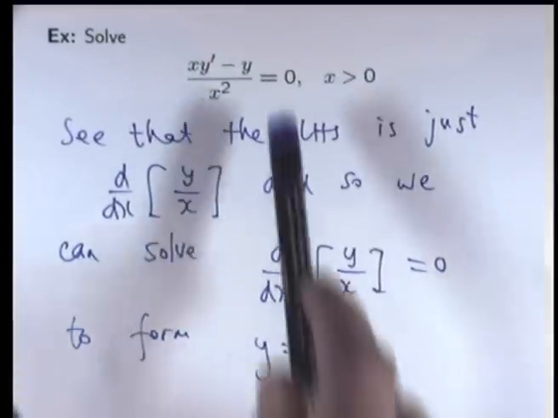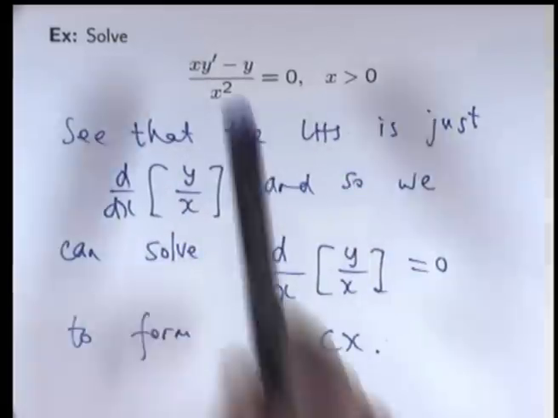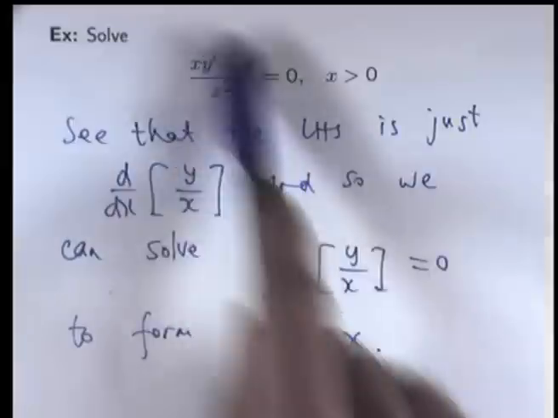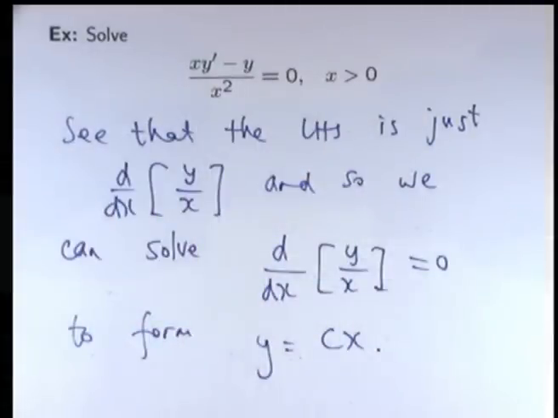Of course, you could set the top equal to 0 and solve that way. That's fine as well. But what I'm trying to do is to illustrate how some common sense and some real simple rules from differentiation run backwards can lead to nice solution methods.